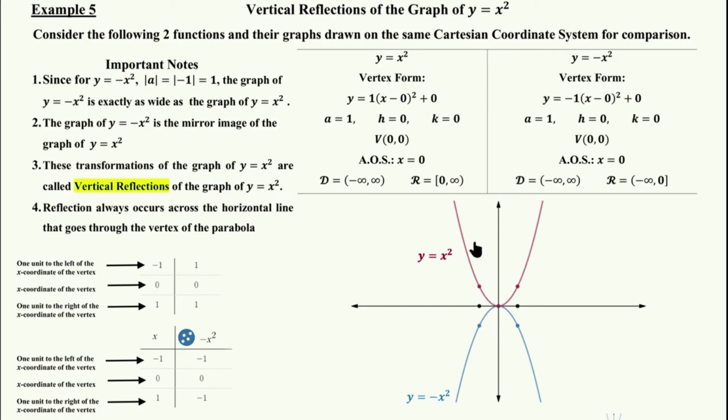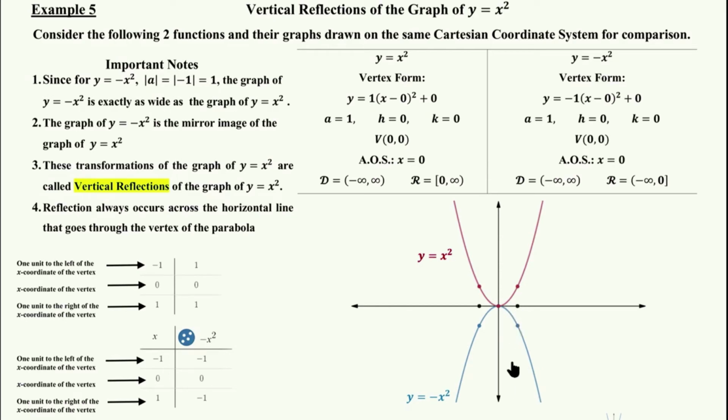Now when you put them in vertex form, notice you still have 0, 0 for the vertex, but the domain and range do change. The domain of the blue graph, which is y equals -x squared, is still all real numbers, but the outputs start here and then go down from there.